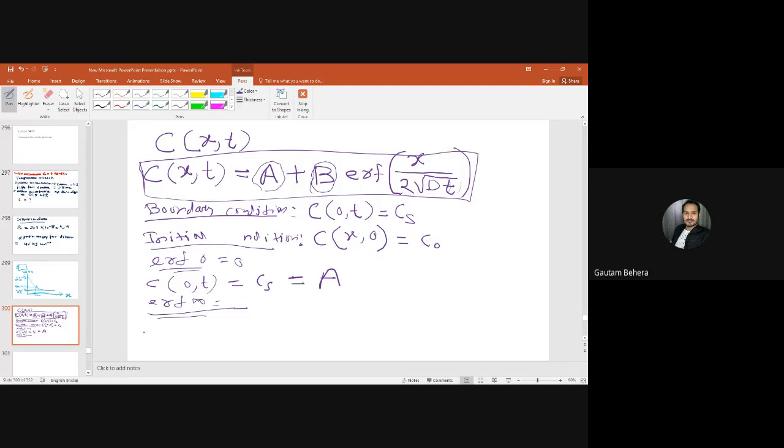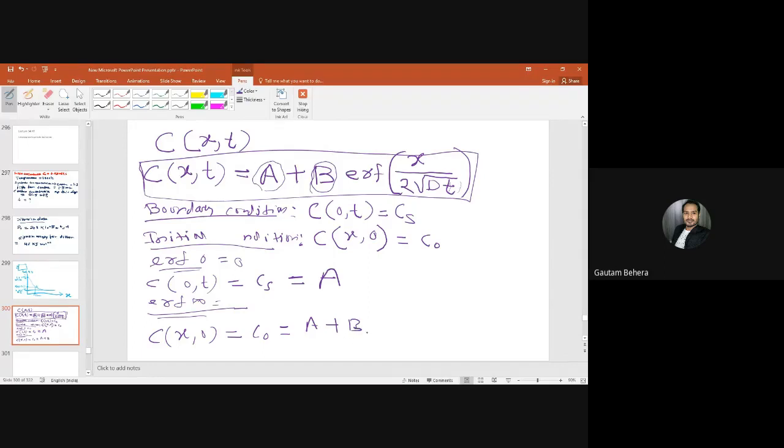So the expression will become C as a function of x distance and time 0 is equal to C0, which is already there. That will be equal to A plus B. It is fine now.